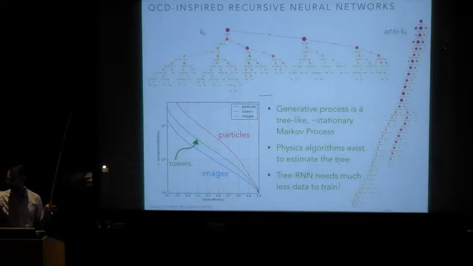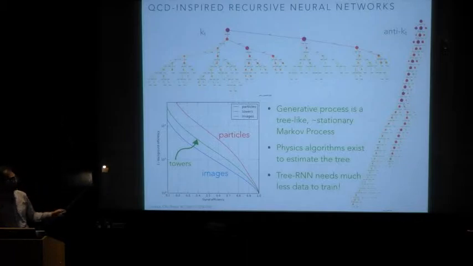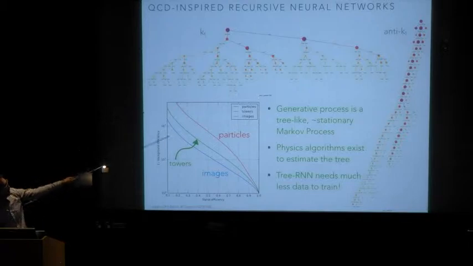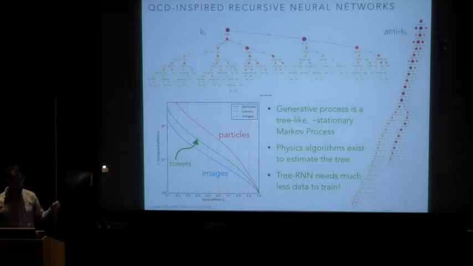And then I recursively apply a neuron across it, which makes sense because my data generation process is a stationary Markov process, right? So it actually makes sense to reuse the weights over and over again. And then I can use different weights at the bottom because I think there's different physics at the bottom, and different weights at the top because I think there's different physics going on at the top.